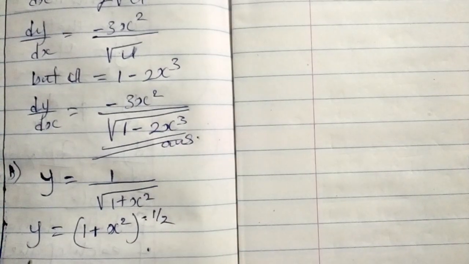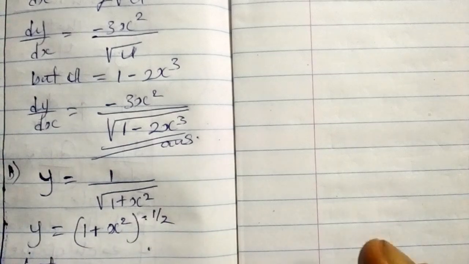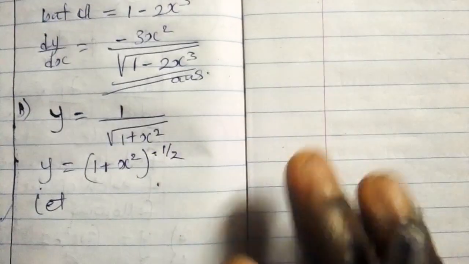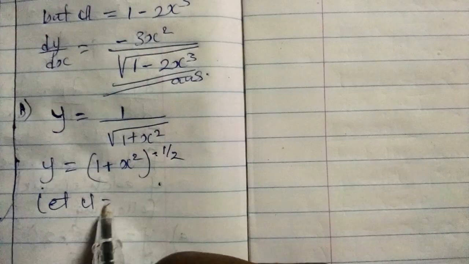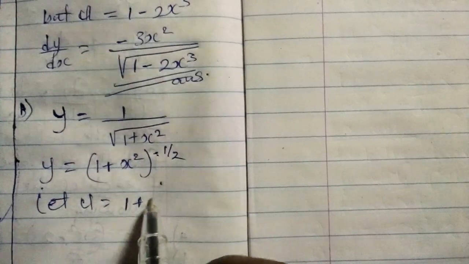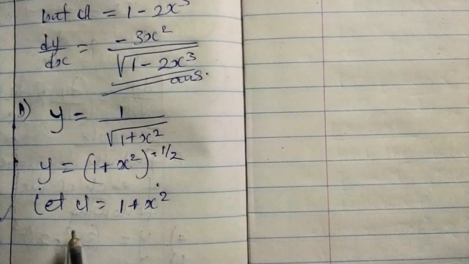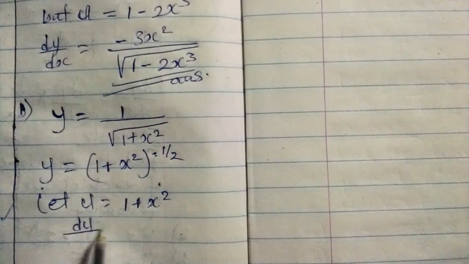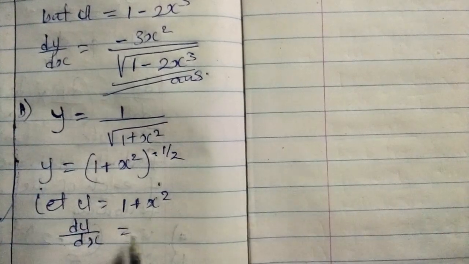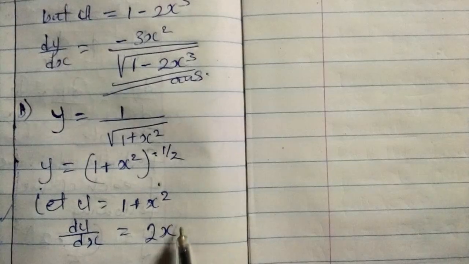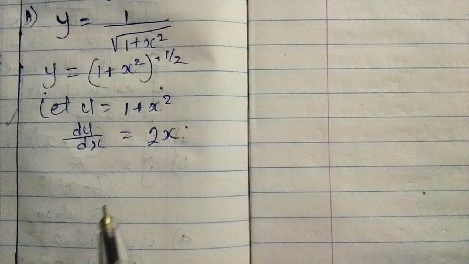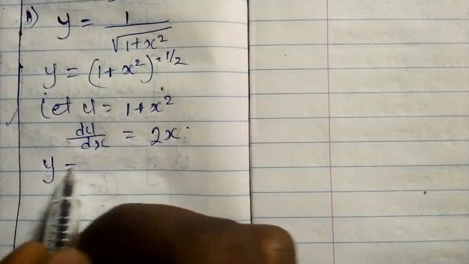Now let u equal 1 plus x squared. So now du over dx is going to give me 2x. Then y will now be equal to u raised to power minus half.